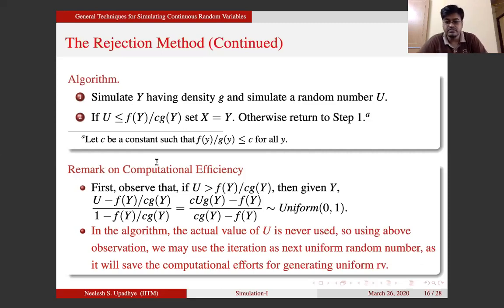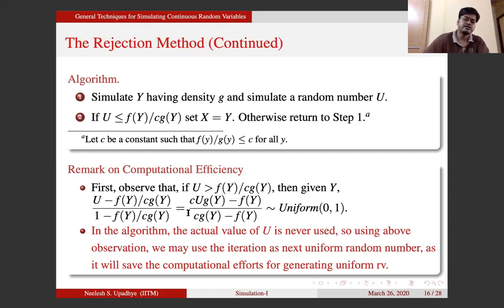In the algorithm, we have never used the actual value of U. So using the next uniform, you may use this random variable (U minus f(Y) by c g(Y)) upon (1 minus f(Y) by c g(Y)) as a uniform random variable, and you will save some computational effort.